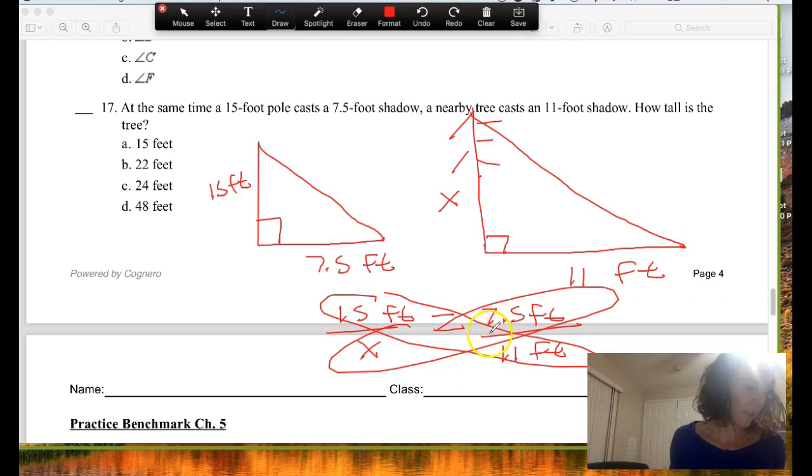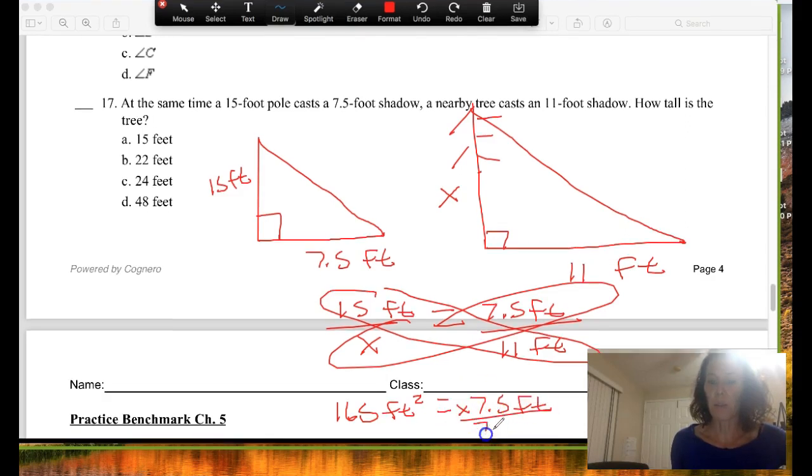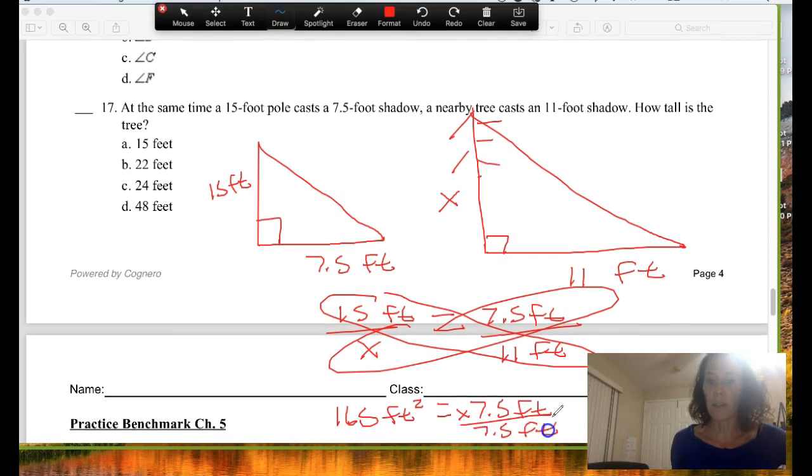And if I go 15 times 11, I'm going to get, let's see, 165. Now, if I did feet and feet, I actually get feet squared if you want to keep your units and be accurate. And then X times 7.5 feet will be 7.5 feet times X. Now to solve this, I just divide both sides by 7.5 feet.